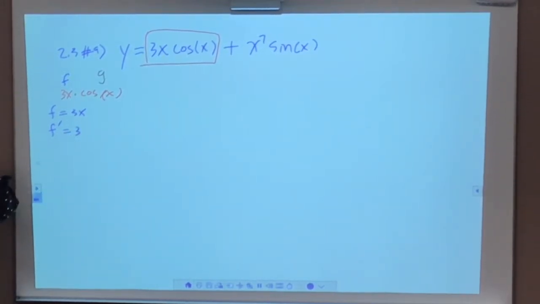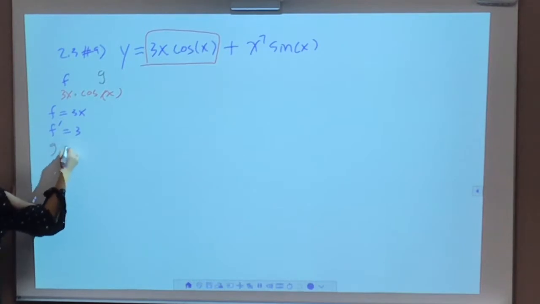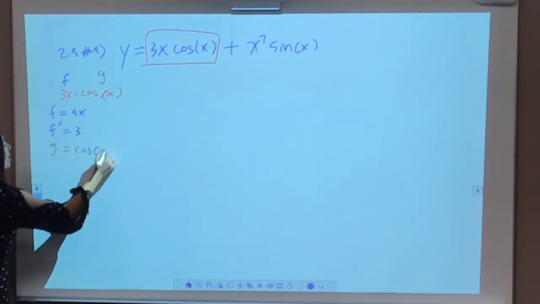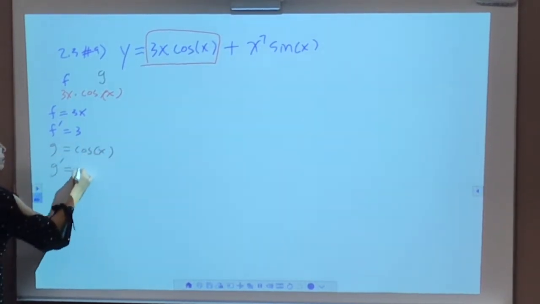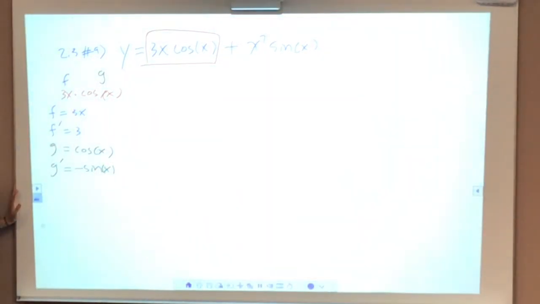Remember I told you, whenever you have product rules and quotient rules, just find your f and f prime and g prime, and then what you do? Put them into your formula. All right? So what's my g? G is cosine x. So g prime is what? Negative sine x. Are you with me, class?